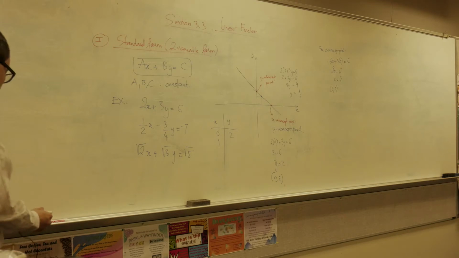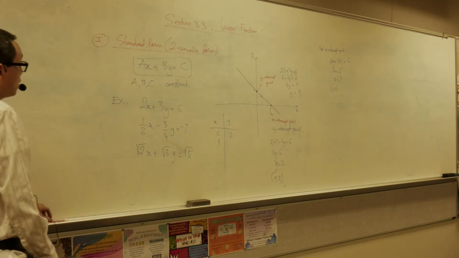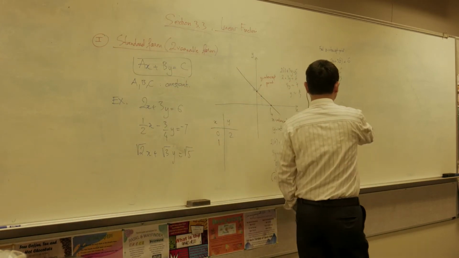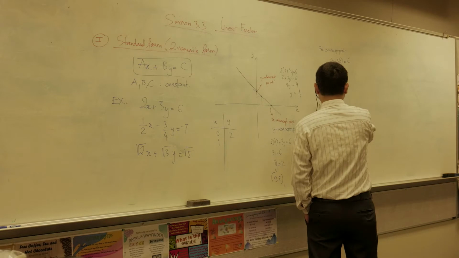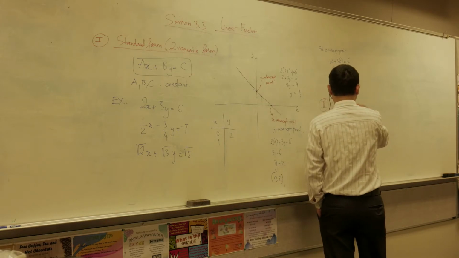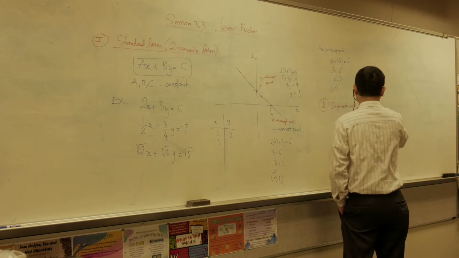Alright, the second form of linear equation, linear function, we call the slope-intercept form.